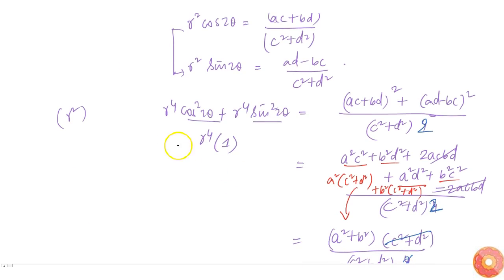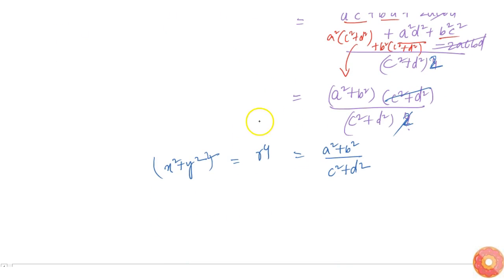From that I get r power 4 because I squared and added them. But r power 4 is simply x square plus y square whole square, because r is equal to square root of x square plus y square. So that implies r square equal to x square plus y square.